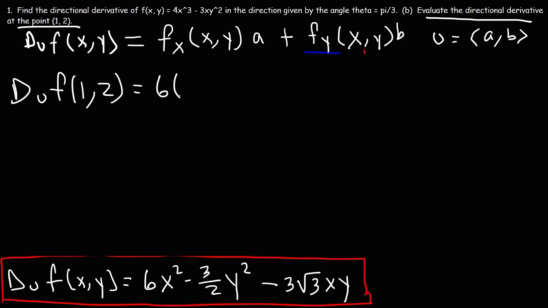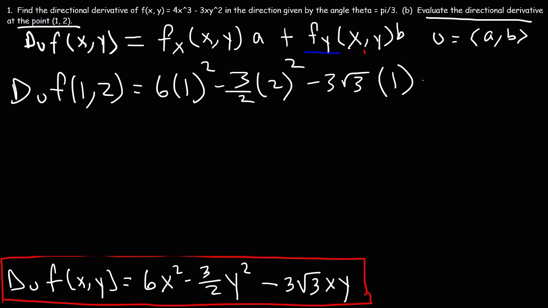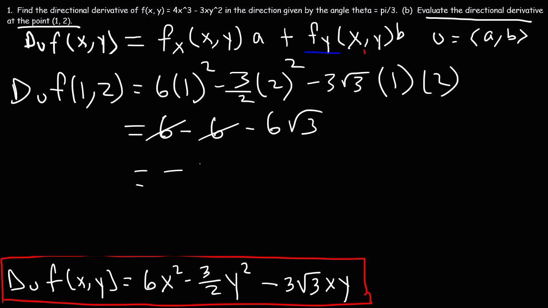So it's going to be 6 times 1 squared minus 3 over 2 times 2 squared minus 3 root 3 times 1 times 2. So this is going to be 6. 2 squared is 4 divided by 2, that's 2 times 3, which is 6. And then 3 times 2 is also 6 again. So that's 6 root 3. These cancel. So the final answer is negative 6 root 3.